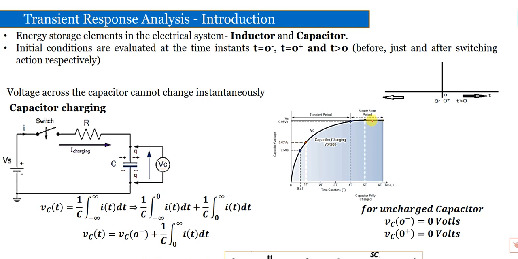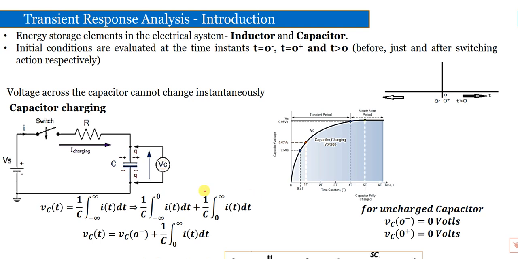Once steady state is reached, the output is constant. And this is the transient period, because whenever I close the switch, the capacitor voltage will not immediately reach this value. It will take some time, which depends on the time constant of the given circuit.